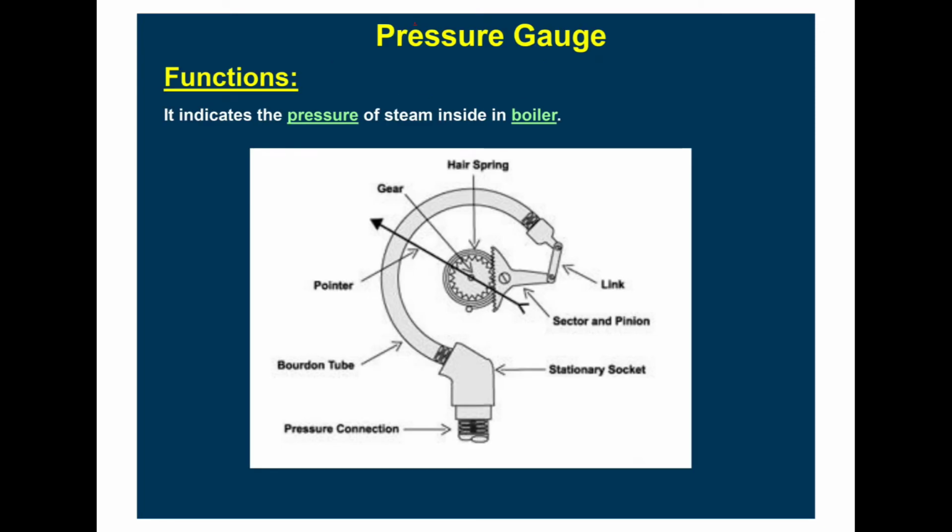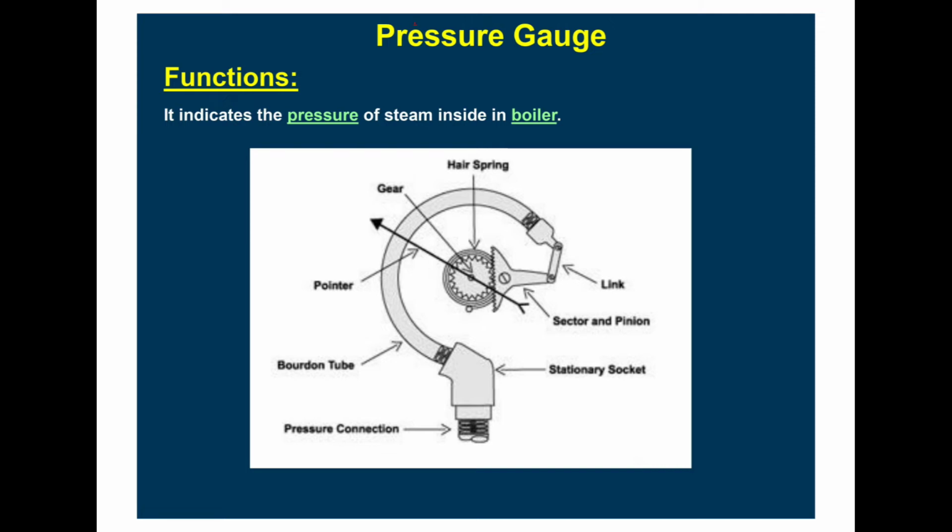First one, the pressure gauge. This is a simple Bourdon pressure gauge. Here you can see the pressure connection, Bourdon tube, pointer, gear, hair spring, link, sector and pinion, and stationary socket.